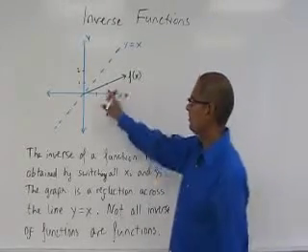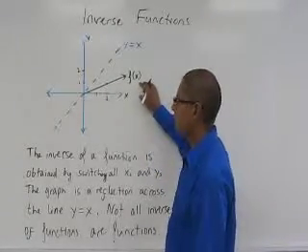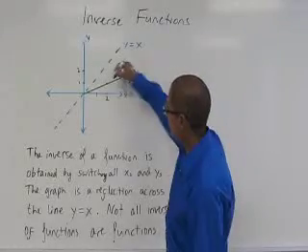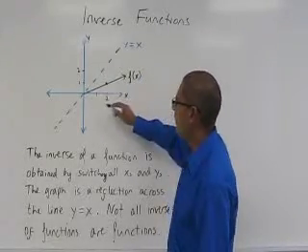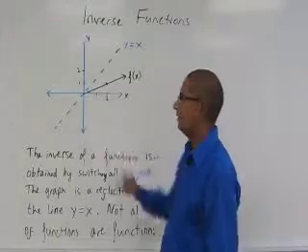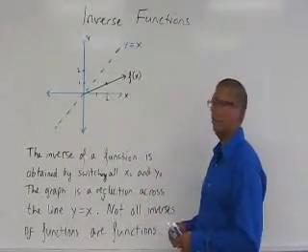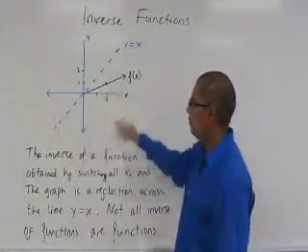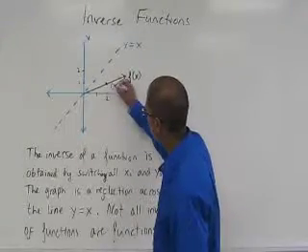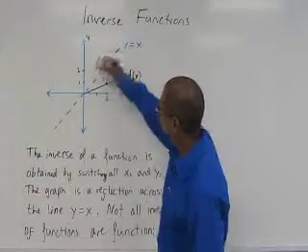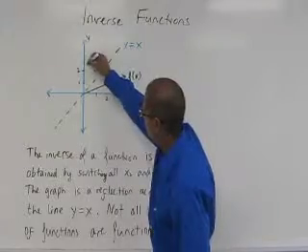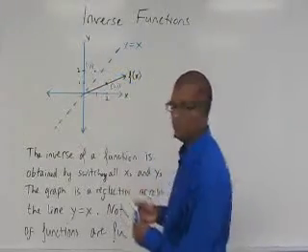Okay, let's just take this example. Here's a function, a straight line, and let's say we have a point here, 2, 1, and it starts at the origin. If I wanted the inverse of that function, this point 2, 1 would be switched to 1, 2. So that's my new point, 1, 2.